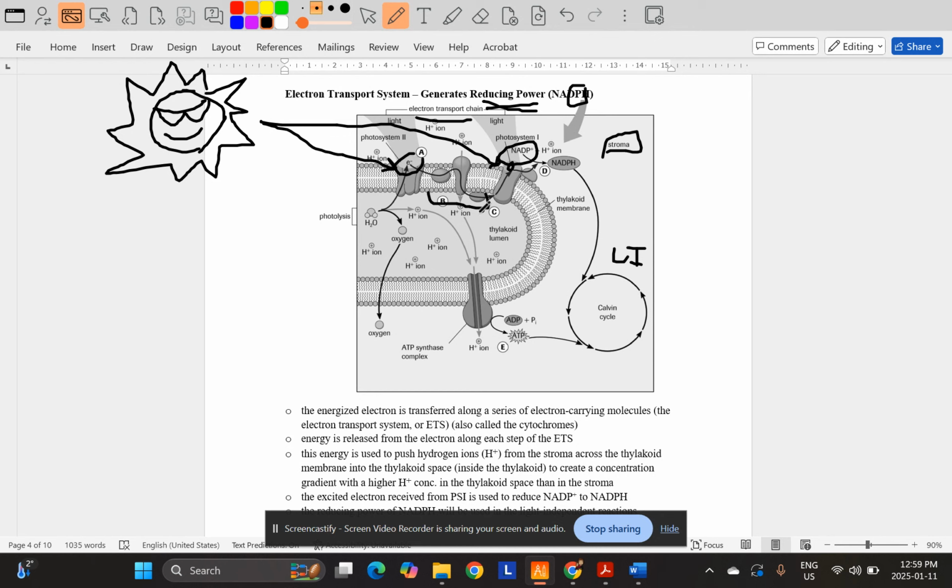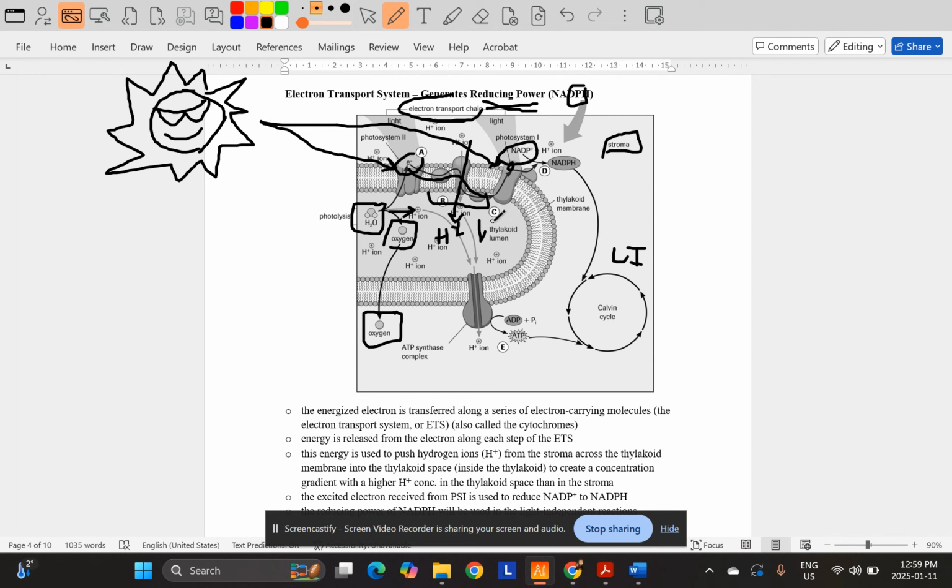And one thing we also talked about was when the water got oxidized, made oxygen, and oxygen is that first product of photosynthesis, but it also produced hydrogen ions. In fact, each time the electrons are transferred through the electron transport chain, hydrogen ions get pumped into this space in the thylakoid.